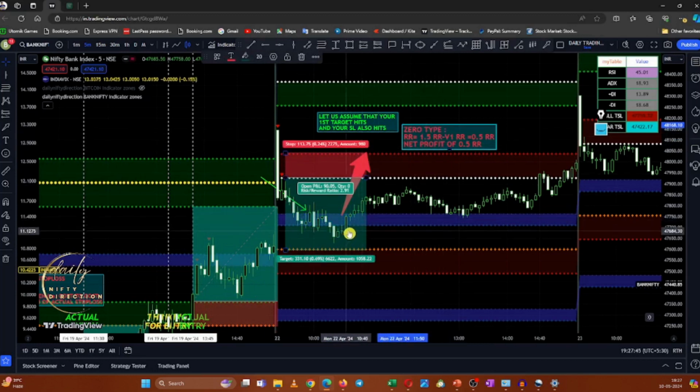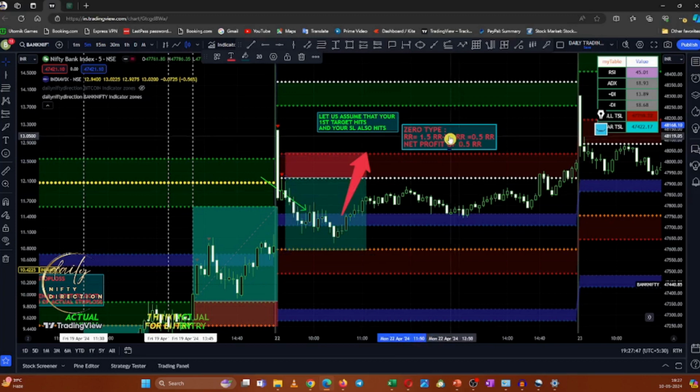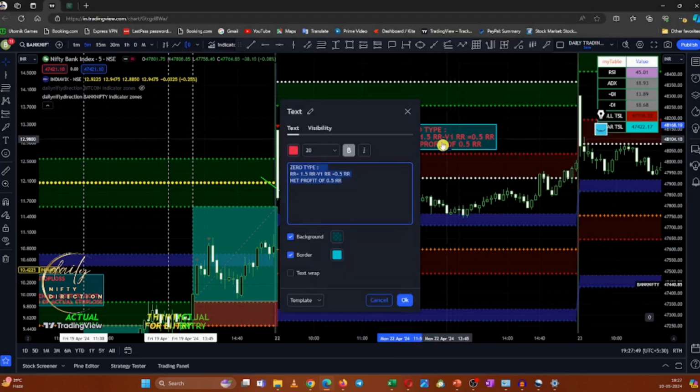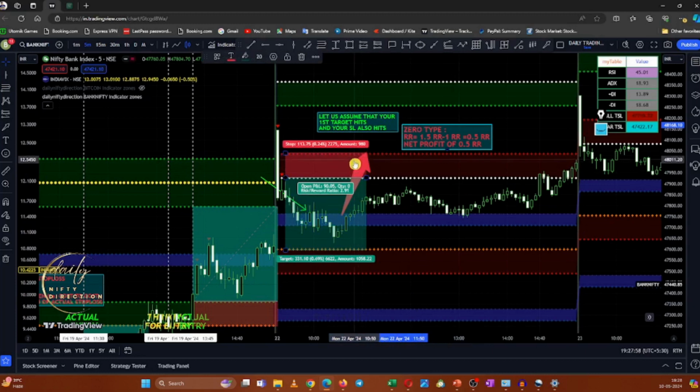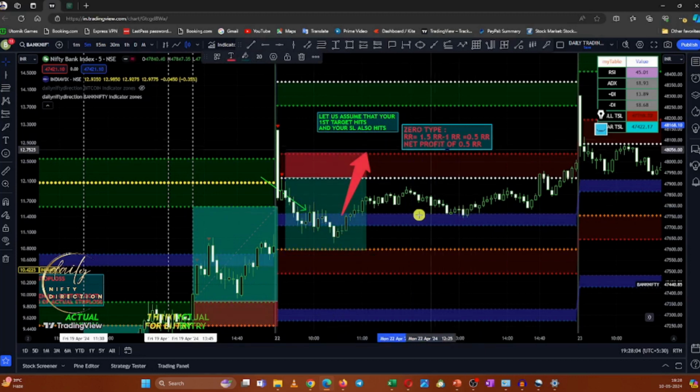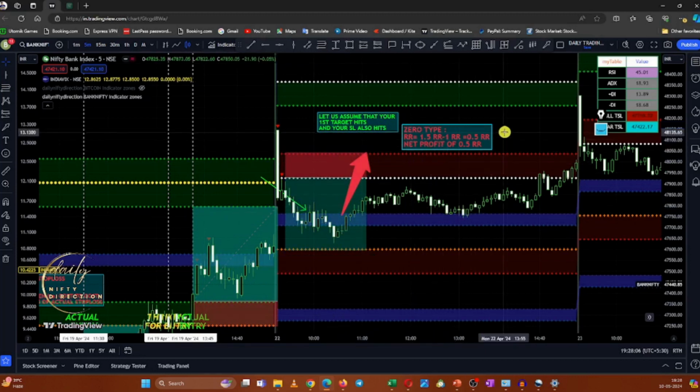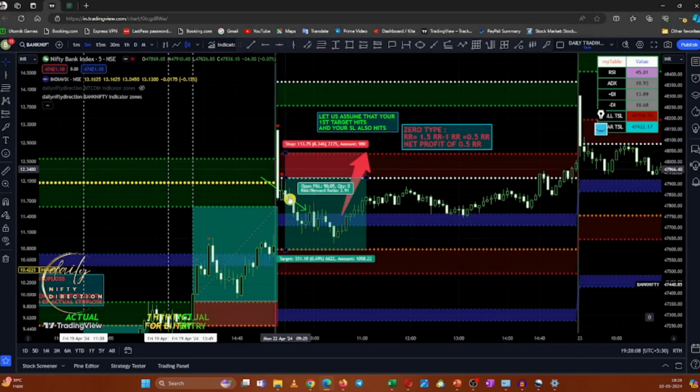And what was your stop loss here? 1 risk reward, because you booked your 50% quantity at the touch of the blue line and you got 1.5 risk reward. So what is the net outcome of this trade?